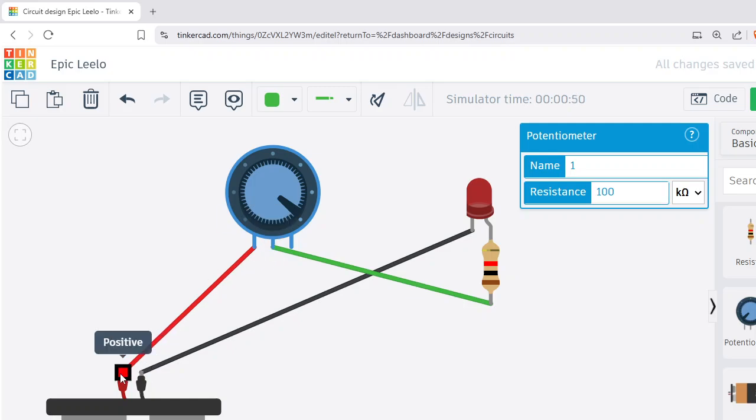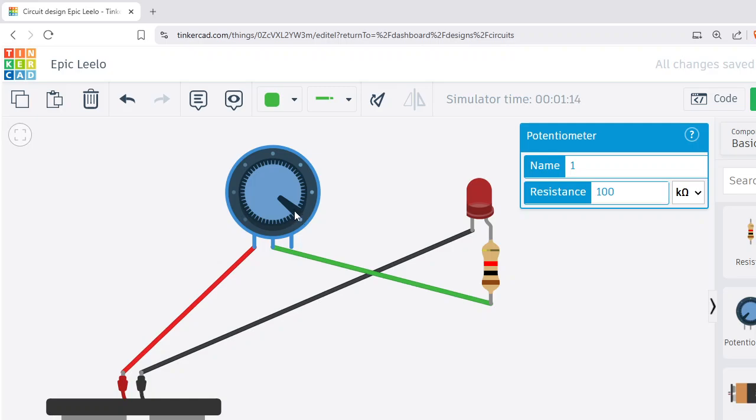I am using this one only as a resistance now. I'm only using the potentiometer as a resistance. See what is happening now. The current goes from here. How much resistance is the LED getting? 100K. 100 kilo ohms. Okay, 100 kilo ohms.